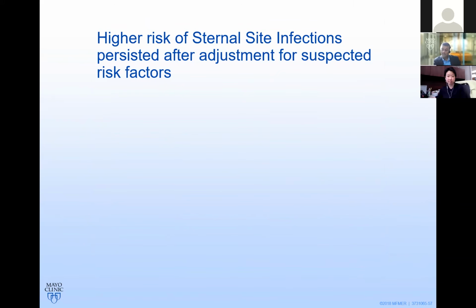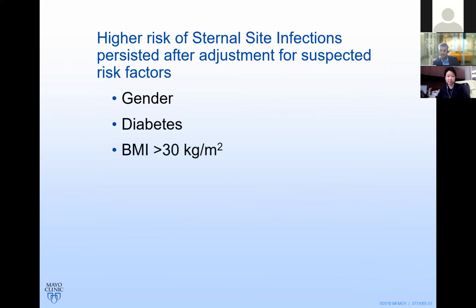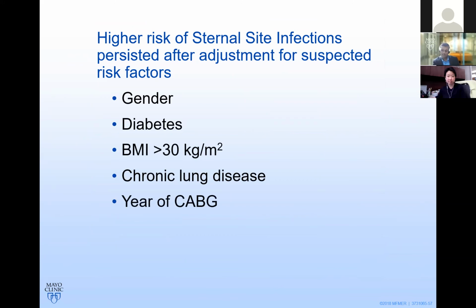We wanted to look at the sternal site infection because that was one thing we found with bilateral internal mammary arteries. So we looked at all those high-risk factors which could contribute to these infections, like gender, diabetes, high BMI, presence of chronic lung disease, and the year of surgery.